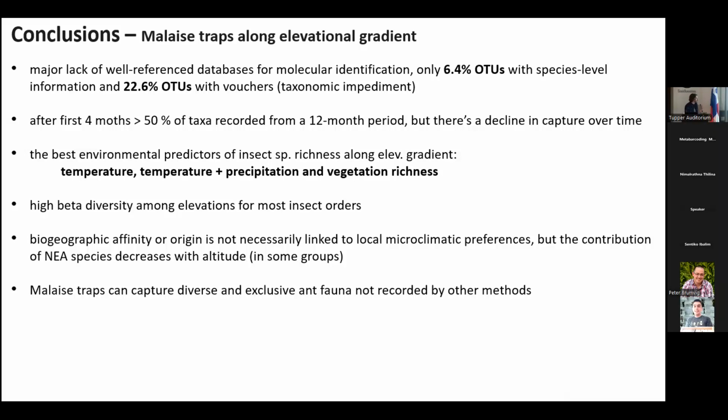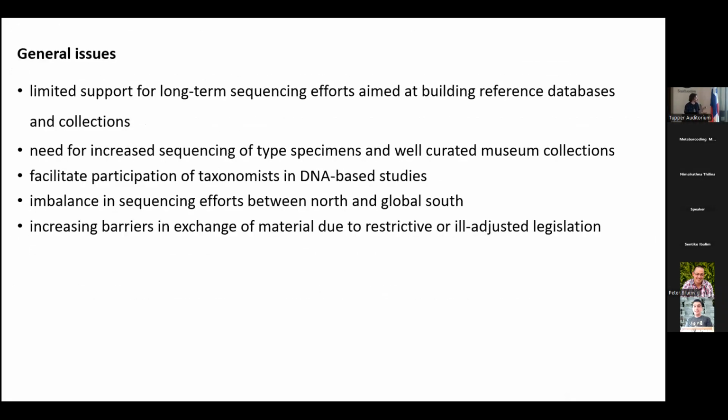Just to continue with the discussion about some more general issues, which my colleagues have been mentioning, or probably will mention in other talks. Something which we should try to address in some collaborative efforts is that there is limited support for long-term sequencing efforts aimed at building reference databases and collections.